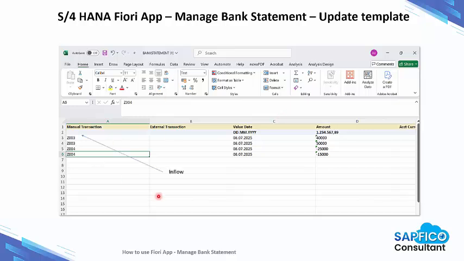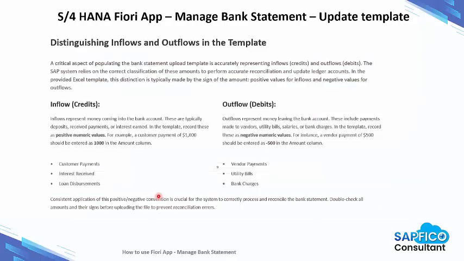Now, Z03 is inflow and Z04 is outflow. We update the value date when the transaction occurred and the amount of the transaction. Inflow is a positive amount, outflow is a negative amount. Whatever is going out is outflow. So what is inflow and what is outflow?